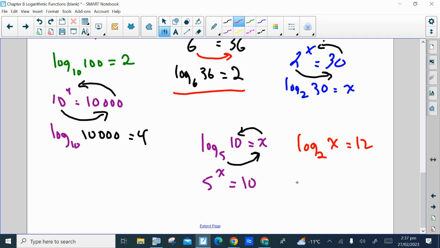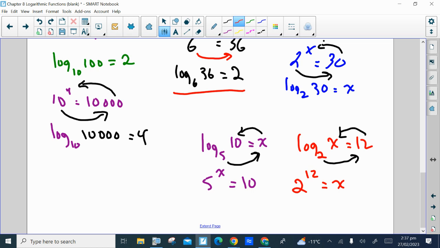This log has a base of 2, so the exponential function will have a base of 2. To get what order the other pieces are in, start with the base and cycle through. After the 2 comes the 12, so it's going to be 2 to the power 12, and after the 12 comes the x. So that is the exponential equivalent to log base 2 of x equals 12. If you write that as an exponential function, it will be 2 to the 12 equals x.